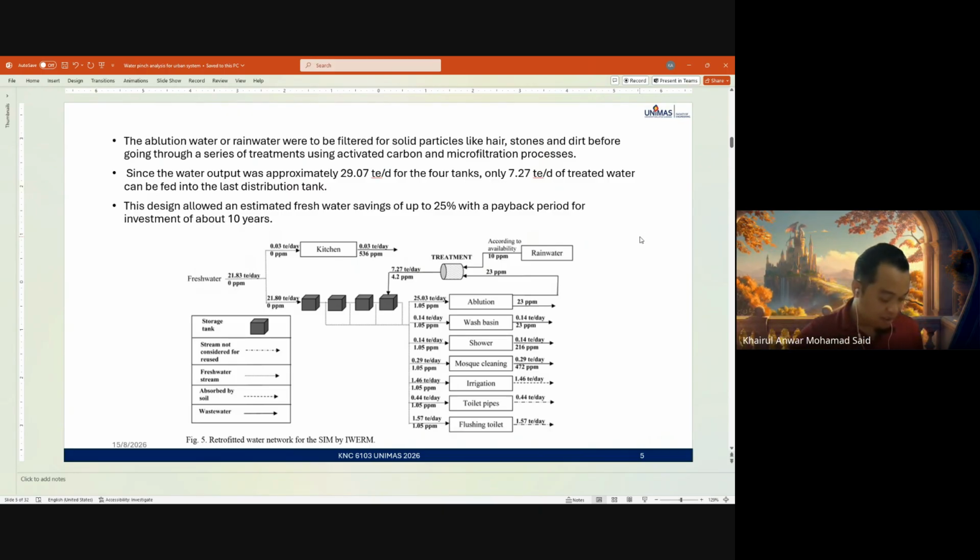So by doing this regeneration, this design allows an estimated freshwater saving of up to 25%, with a payback period for the investment of about 10 years, which is very long.